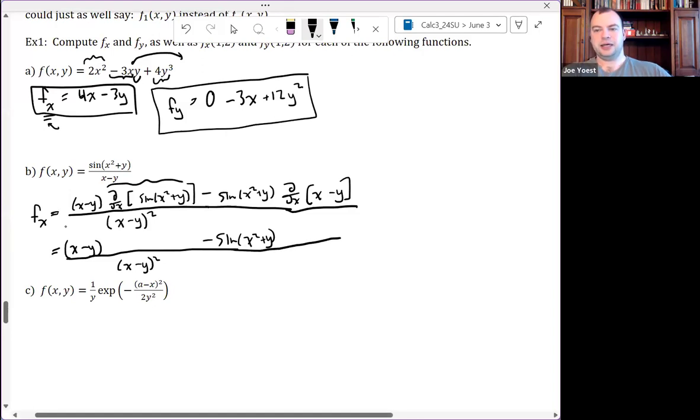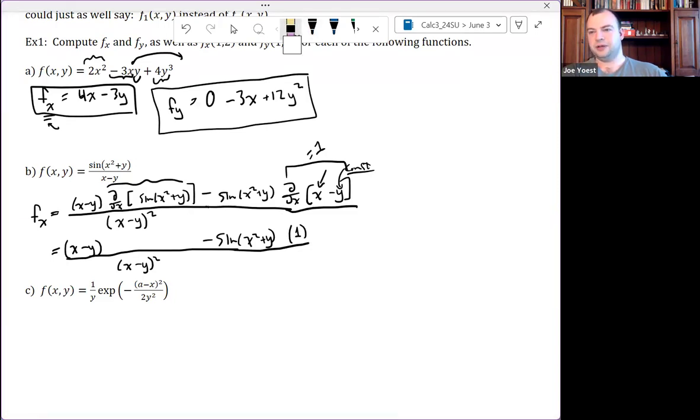And then what's the partial with respect to x of x minus y? Remember, this is a constant. That differentiates off. D by dx of x is just 1. So this whole bit just equals 1. So this is just times 1, or we don't have to write that 1 if we don't want to.